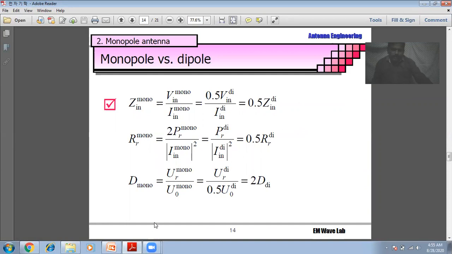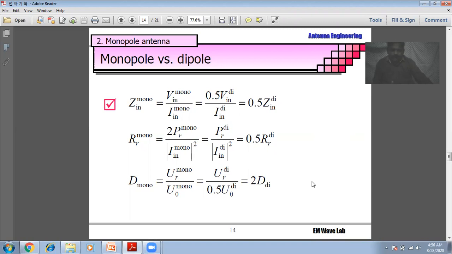Similarly, coming to the directivity, what is the directivity of this monopole antenna? It is twice the directivity of the dipole antenna. Why? The radiation pattern of the monopole antenna is half that of the dipole antenna, so the half power beamwidth also becomes half. Previously we saw that directivity and beamwidth are inversely proportional. If the beamwidth becomes half, the directivity is doubled.